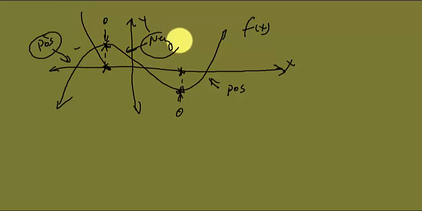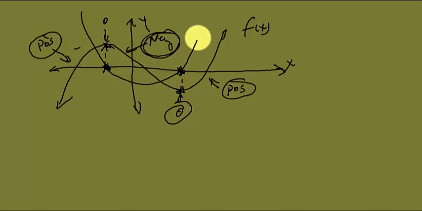The slope is 0 here, so it crosses the x-axis there, and since the slope is negative from here to here, my derivative curve is below the x-axis. Since the slope is 0 here, it crosses the x-axis there, and since it's positive to the right of that, my derivative is going to be above the x-axis. So this is my f prime of x. This is the slope curve for my original curve.